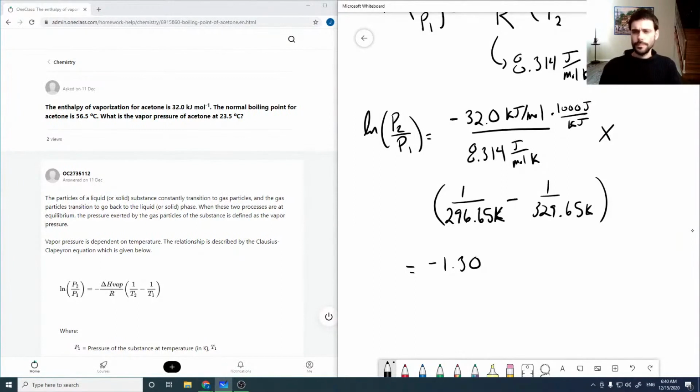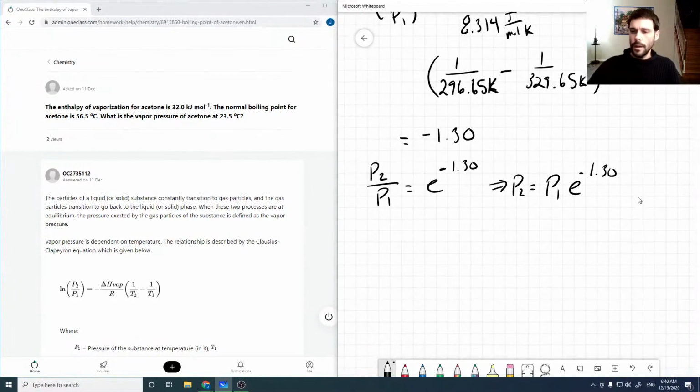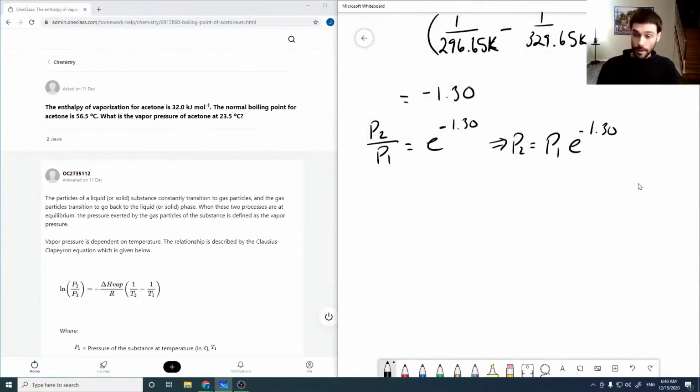And so then P2 over P1 is just e to the minus 1.30, or P2 is P1 e to the minus 1.30. Again, we can figure that out on our calculator.